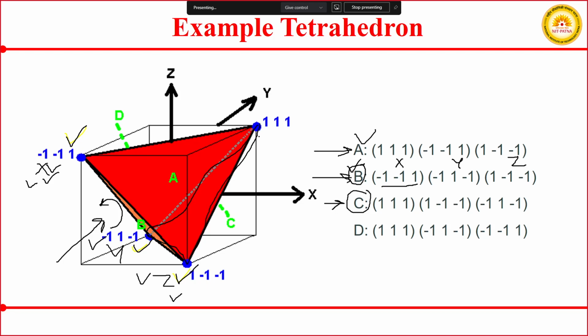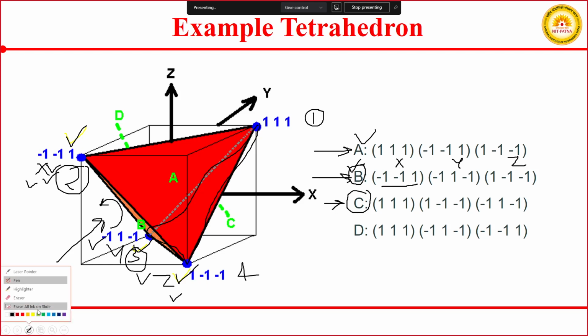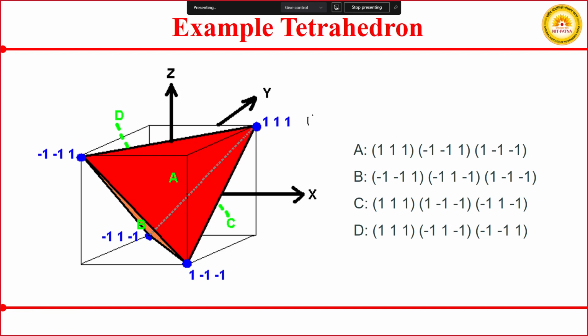Like if I take the first nomenclature, then 1, 2, 3 and 4. Let me make it again. It is vertex 1, vertex 2, vertex 3, vertex 4.